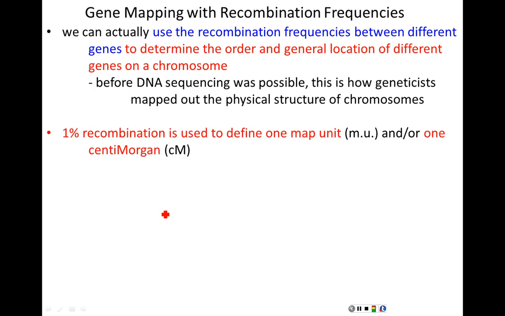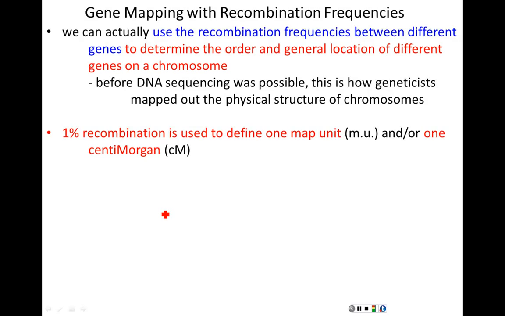We do a very, very tricky mathematical conversion here. We use either the term map unit to represent physical distance on a chromosome, or centimorgan. Same thing. Centimorgan is a physical distance on a chromosome. And here's the mathematical calculation, so memorize this. 1% recombination is 1 map unit, and 1% recombination is 1 centimorgan.